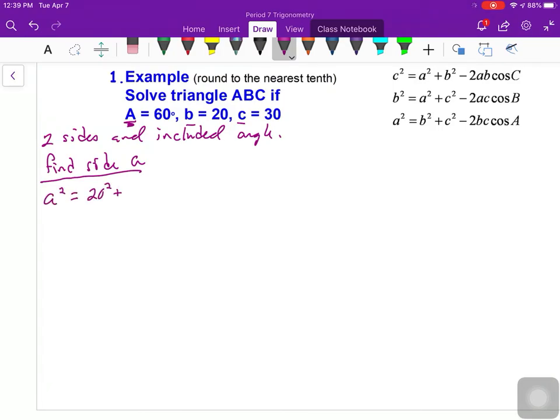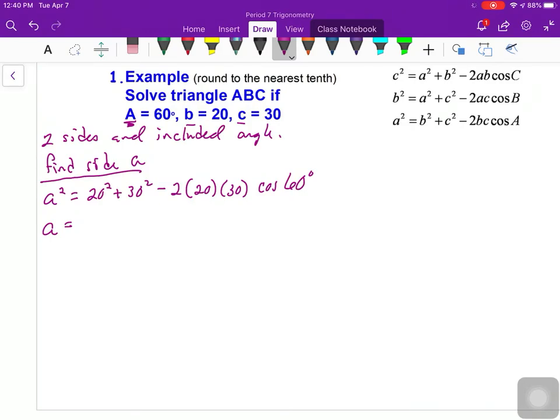Now, the first thing we'll find is side A. And I'm going to set that up as a squared equals b squared plus c squared minus 2 times b times c times the cosine of angle A.